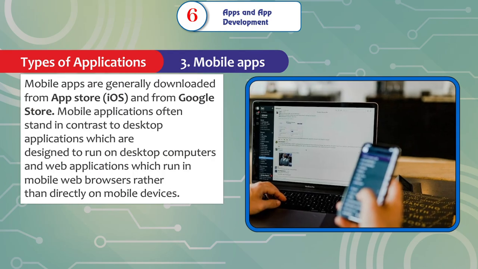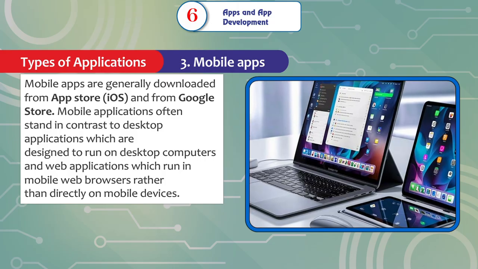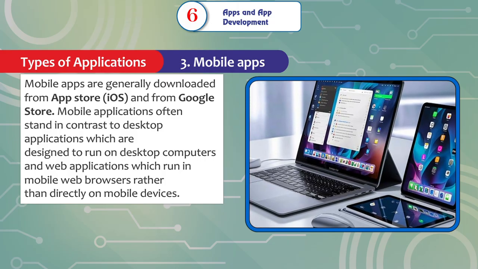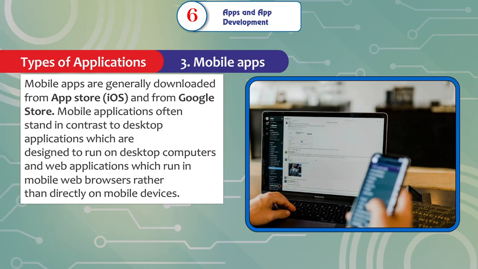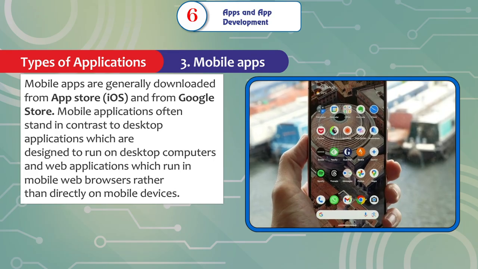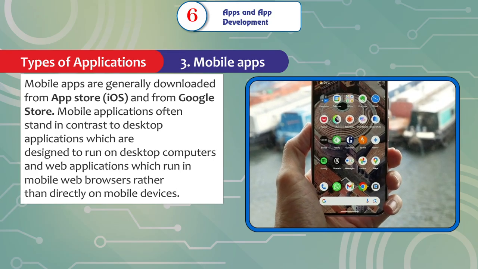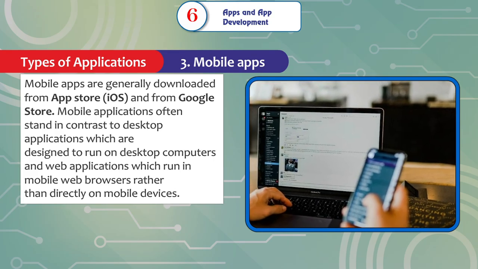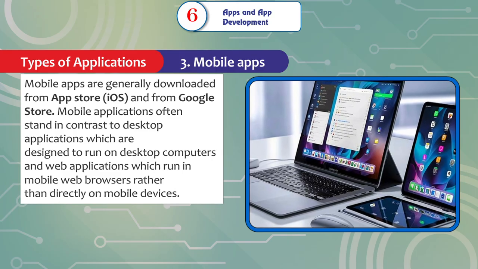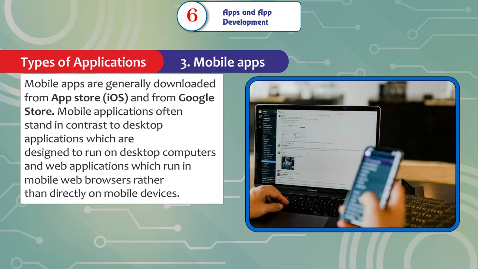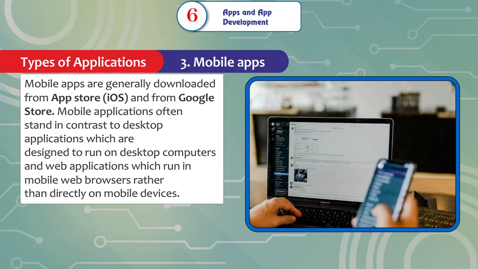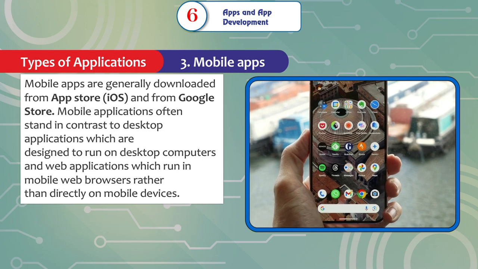Mobile apps are generally downloaded from App Store, iOS, and from Google Store. Mobile applications often stand in contrast to desktop applications, which are designed to run on desktop computers, and web applications which run in mobile web browsers rather than directly on mobile devices.